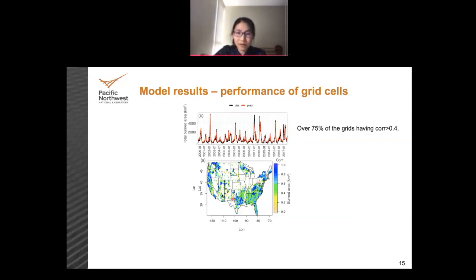Generally, over the grids we modeled, most of the grids have a pretty good correlation, where over 75% of them have a correlation larger than 0.4. And if we aggregate the burn area over CONUS and plot the time series over here, the black line is observation and the red line is prediction.